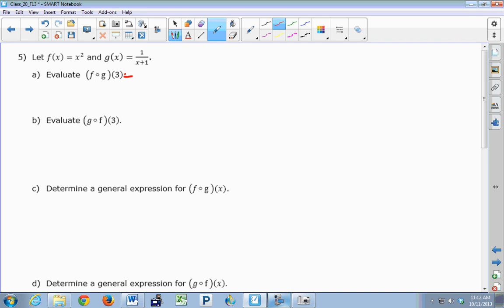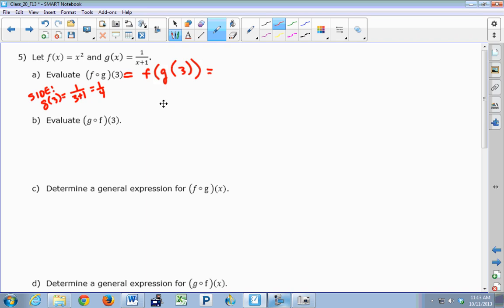So our definition, f composed with g of 3 is f of parenthesis g of parenthesis 3. And then we close our parentheses. So the first thing we do is we figure out what g of 3 is. So I say over on the side of my paper, g of 3 is 1 over 3 plus 1, which is 1/4.